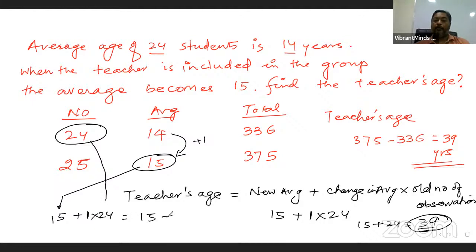And that becomes 15 plus 24, that is 39. Am I clear? Everyone? So this can be used many times. But first you will have to arrange them in ascending order. Go ahead.